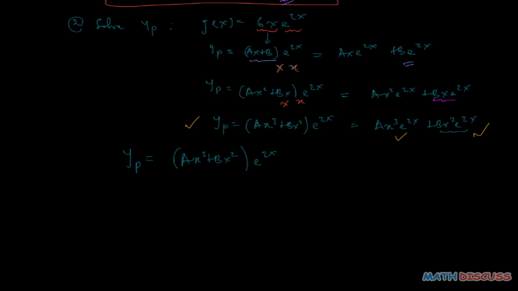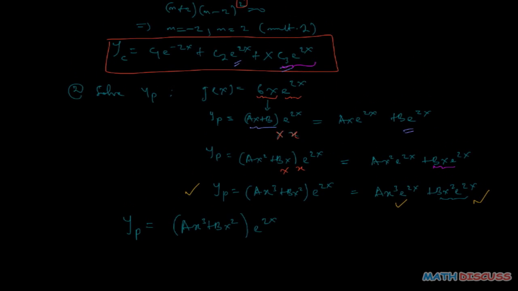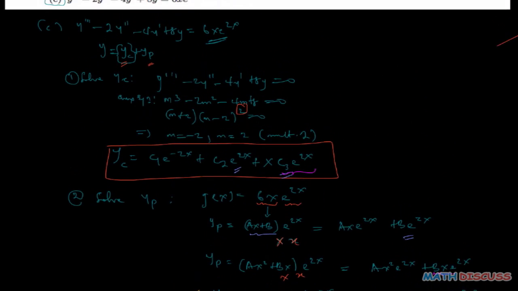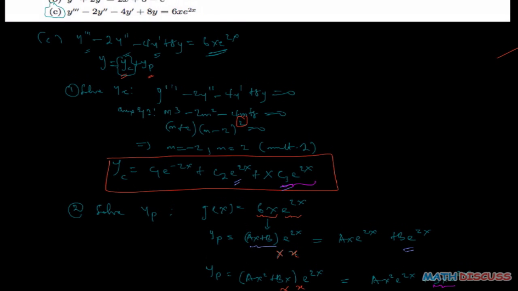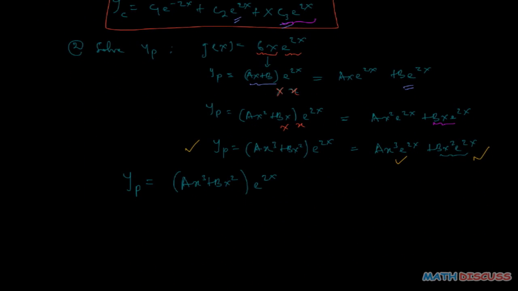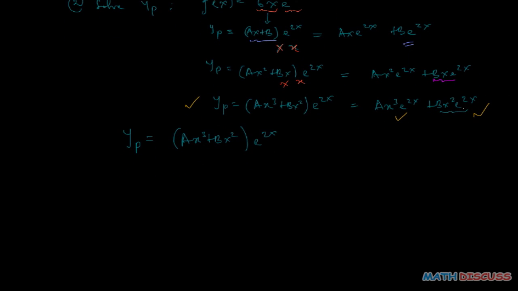Since I've gotten my yp and we are assuming that it's a solution of the non-homogeneous differential equation, when you substitute that yp into each of these terms, we must get 6x e to the power 2x. To substitute that, I need to find y double prime, y prime, and the third derivative. That's what I'm going to do now in a jiffy.